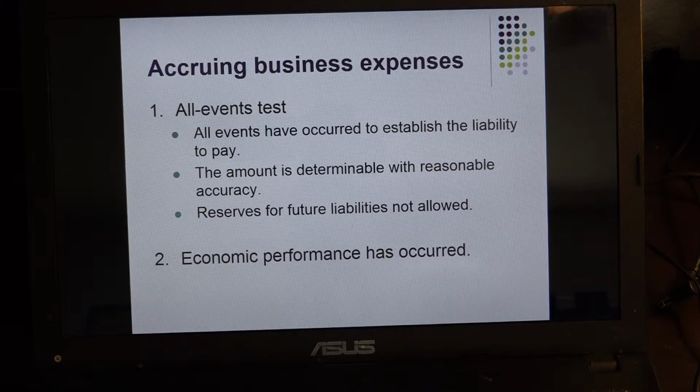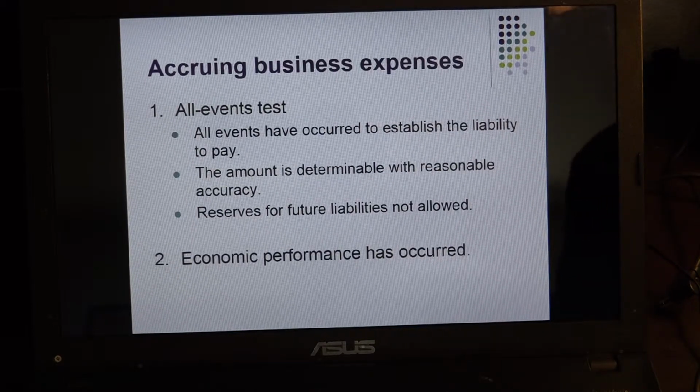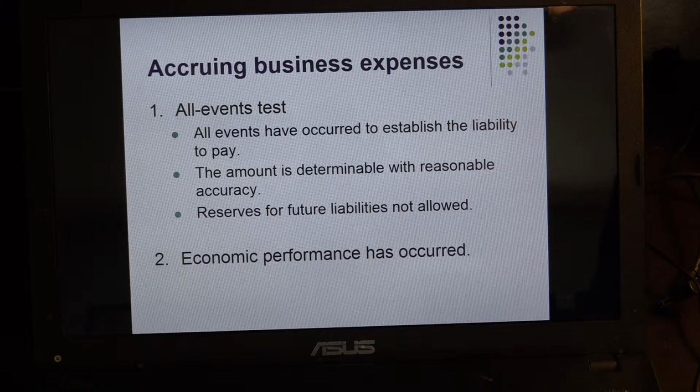Well, that looks a lot like the cash method. So that's kind of weird, and you might have to wrap your brain around that for a while. Look at Exhibit 9-3 for categories of payment liabilities.